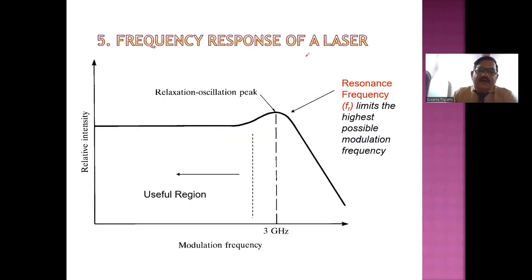And this is again the frequency response. As you can see, the modulation frequency is somewhere here, and the relative intensity remains flat up to this region. That means this is the region where you can use the modulation, and the modulation will be faithful in this region.